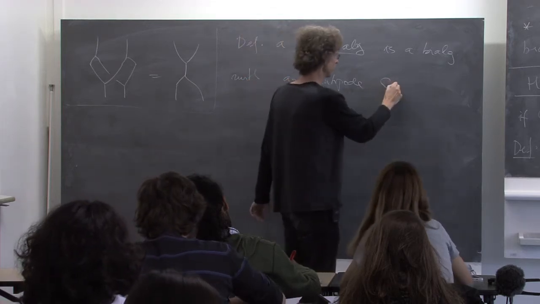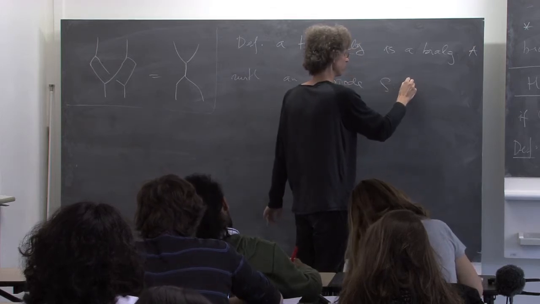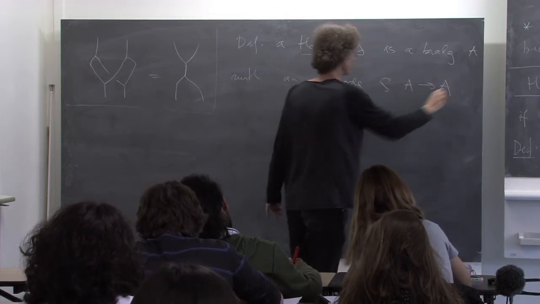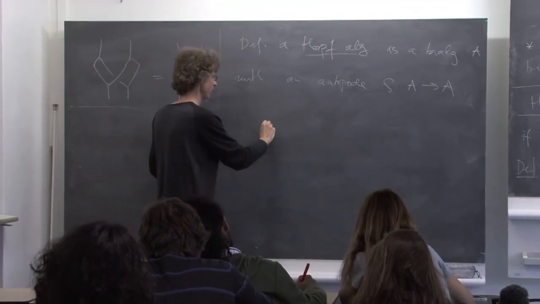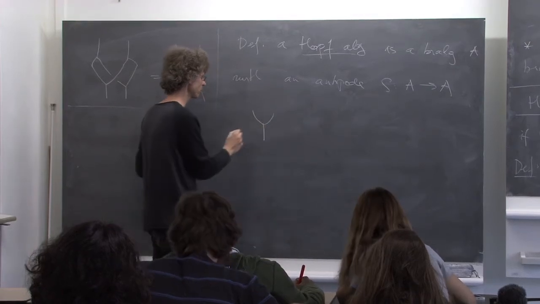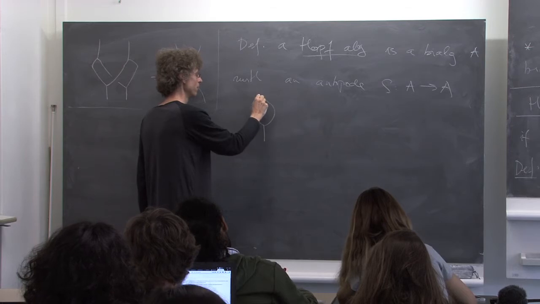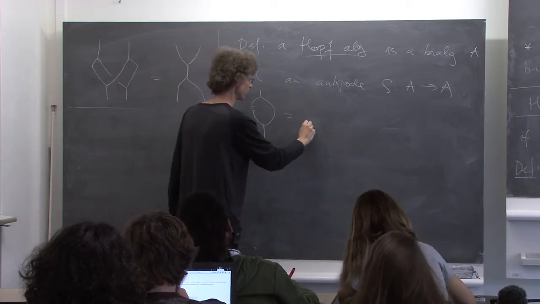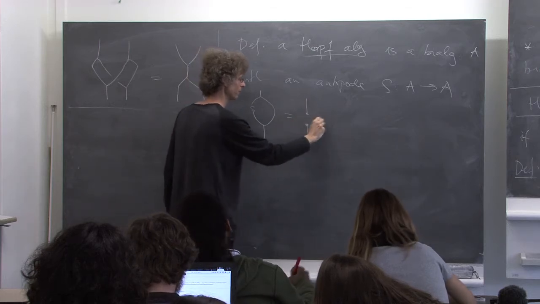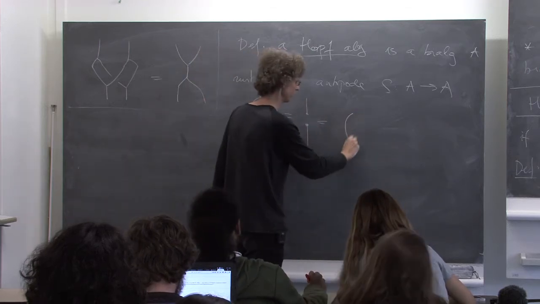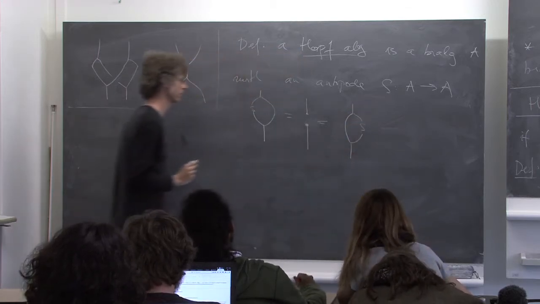That's a morphism S going from A to A. An antipode means that it satisfies this: when you split and apply this antipode here and take the product, it should be the same thing as when you take the counit and then the unit.